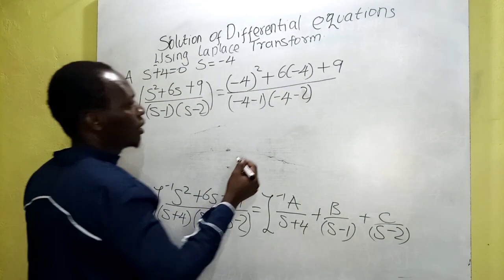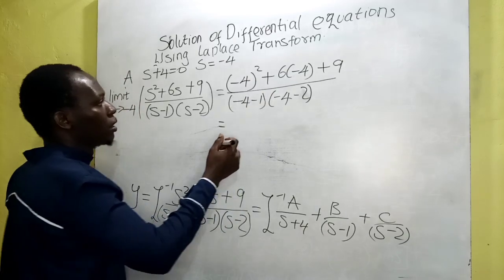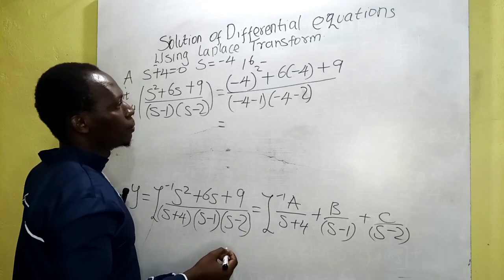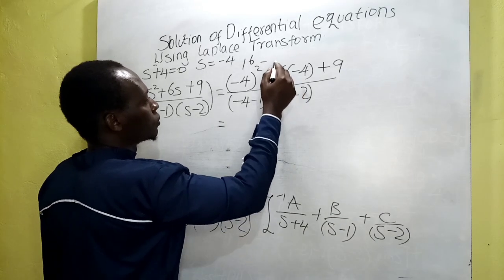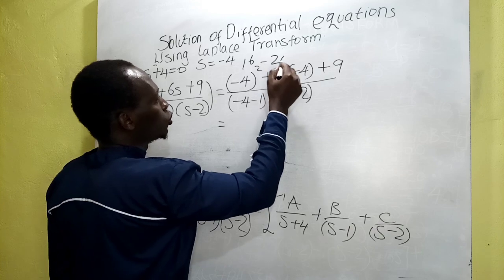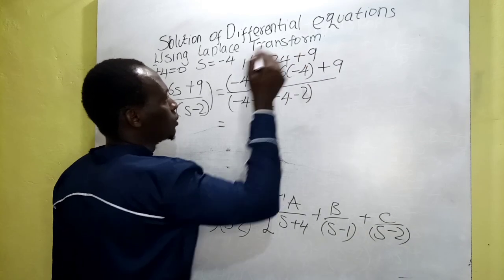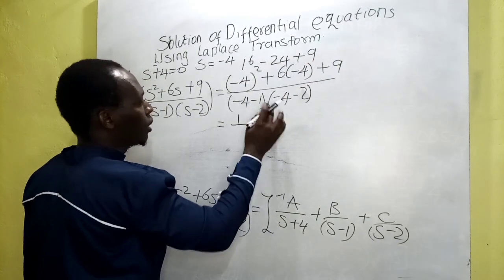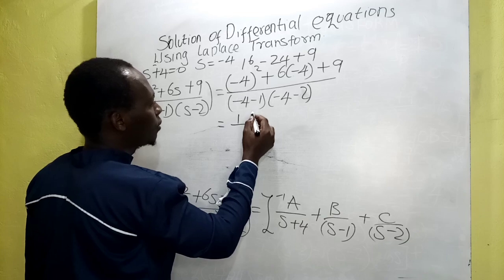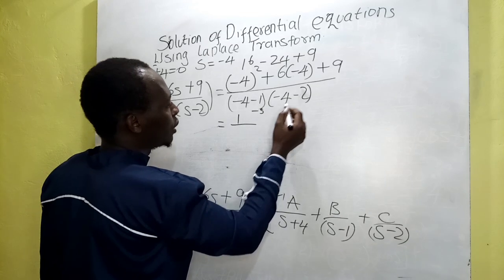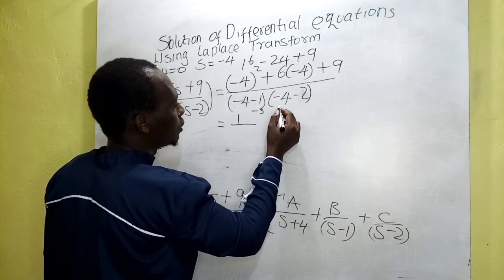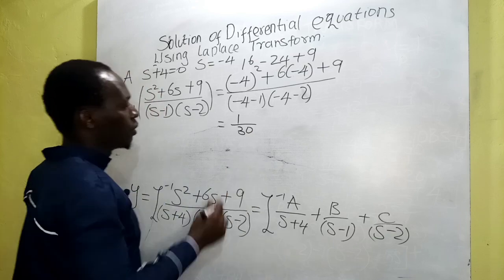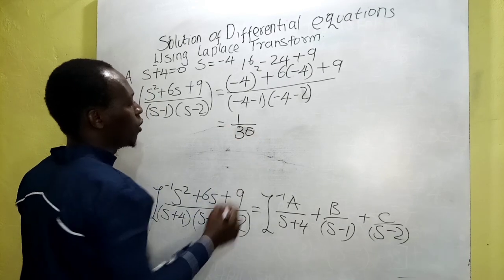Here now we can have 16, we subtract 24, we add 9, giving 1, all over, on our denominator, we are going to have negative 5 and negative 6, to mean that we are going to have a positive 30.